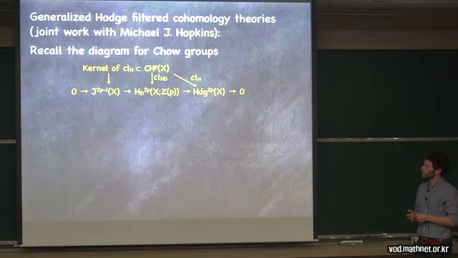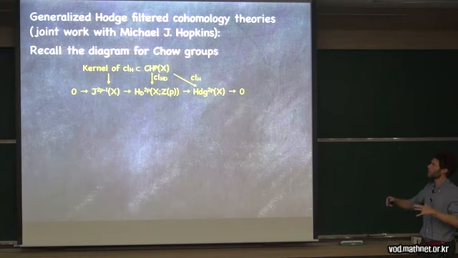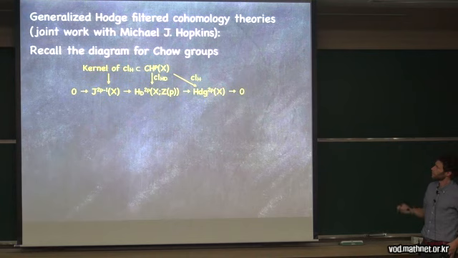actually there is. How do we come up with the right construction for this map? Remember our fundamental diagram that combined all the different stories: we had the Chow groups, the Abel-Jacobi map, the classical cycle map, and the Deligne cohomology. Now, in joint work with Michael Hopkins, I tried to generalize this picture where we replace the Chow groups by algebraic cobordism.